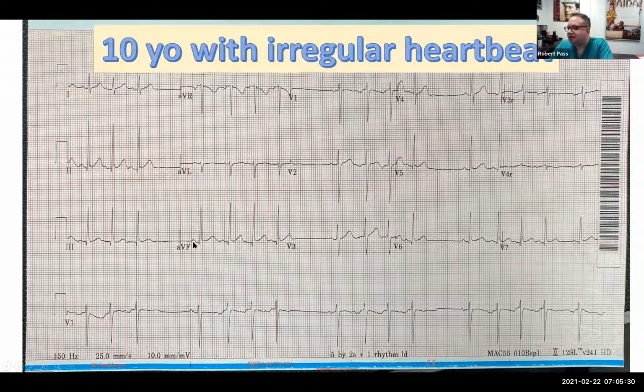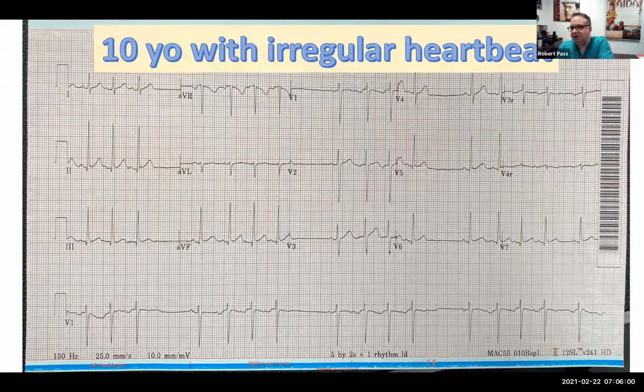And then again, a sinus beat, and then here 3 ectopic beats, and then a pause, and then a sinus beat, and 2 ectopic beats, or actually 3. So this is essentially grouping of sinus followed by either atrial couplets or atrial triplets. So this patient has an ectopic atrial focus.